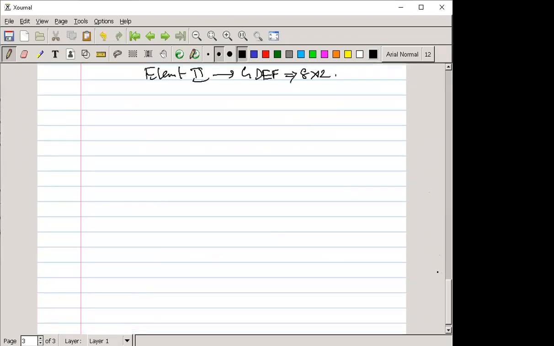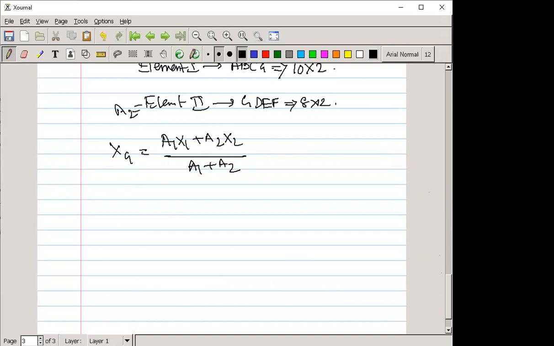Now to find out the xg, what do we have to do? Simply a1 x1 plus a2 x2, since two elements are there, by a1 plus a2. So a1, this is a2 and this is a1, right?